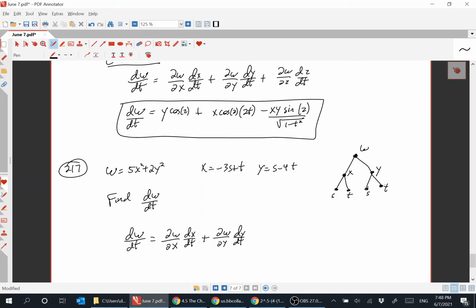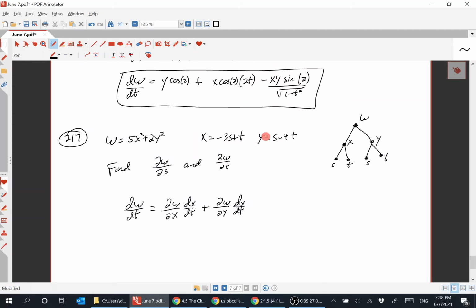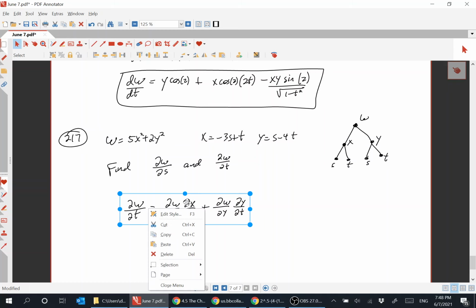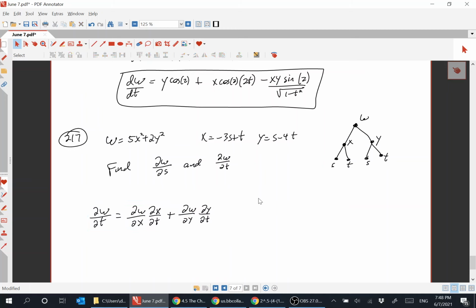And we're supposed to find both? Yeah. Find, so w is actually a function of s and t. So partial w with respect to s and partial w with respect to t. So partial of w with respect to t. So these become partial w, partial x, partial x, partial t, partial w, partial y, partial y, partial t. So that's partial w, partial t. And partial w, partial s is the same thing, right?